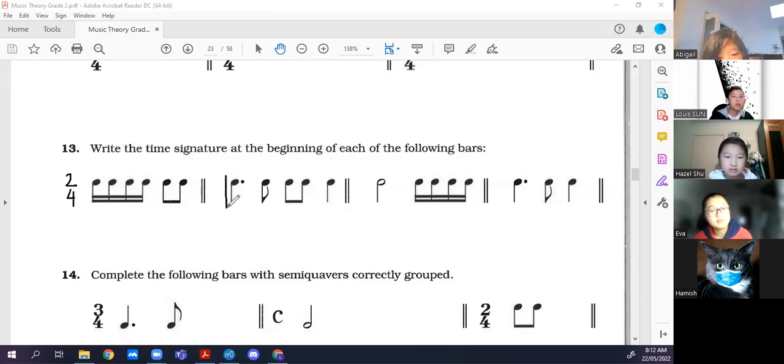Remember, when there's a dotted crotchet followed by a quaver, you can treat it as a minim. 4/4, good. And 4/4 is also C, common time. And next, this one.